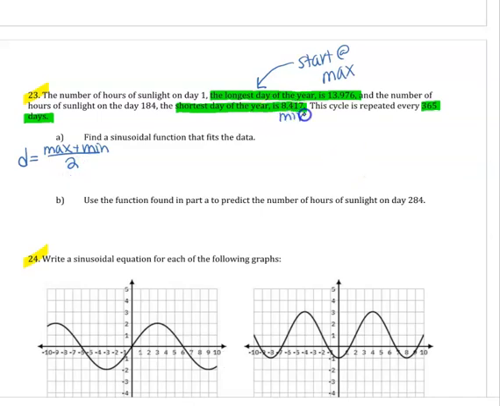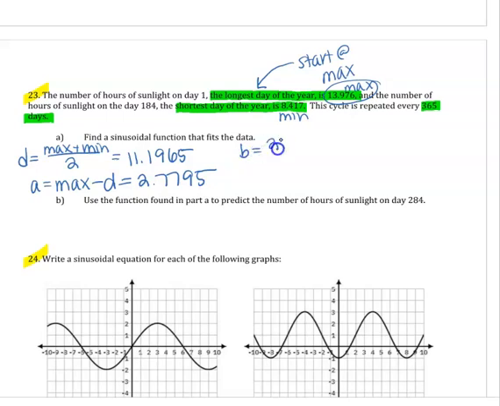Here's the minimum, here's the maximum, and if I add them together and divide by 2, I would get 11.1965. The amplitude is always the max minus the midline. So again, my maximum is this 13 number. My midline I just found. So that would give me 2.7795.